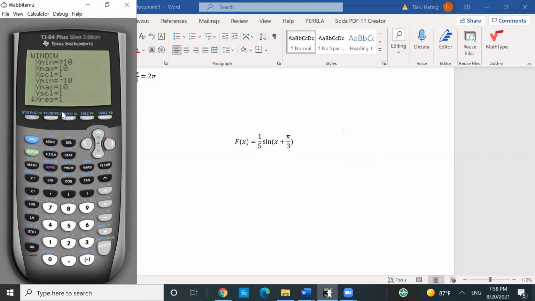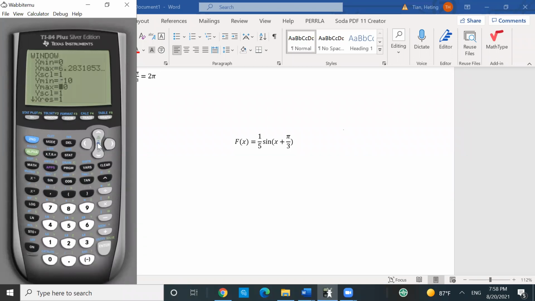For the X value, I can start from 0. So I click 0. And then the maximum of X, I can click 2 pi, that's 1 period. So 2 times pi, 2nd exponent sign, 2 pi.